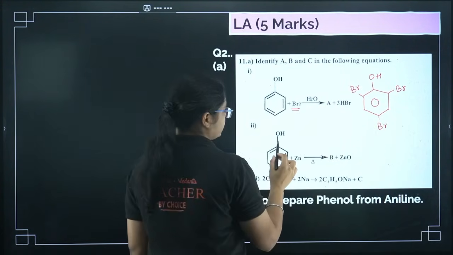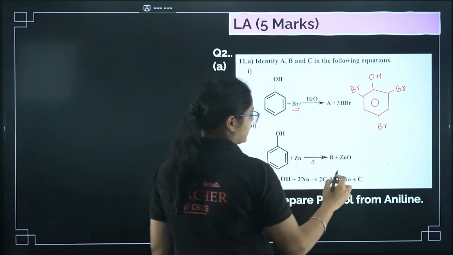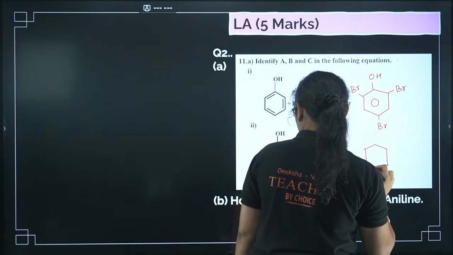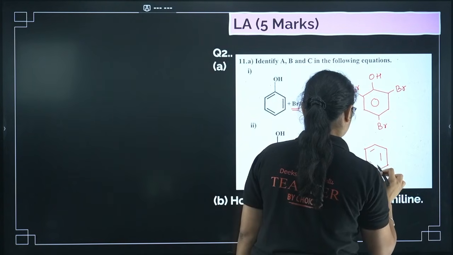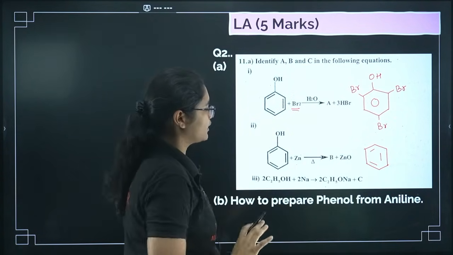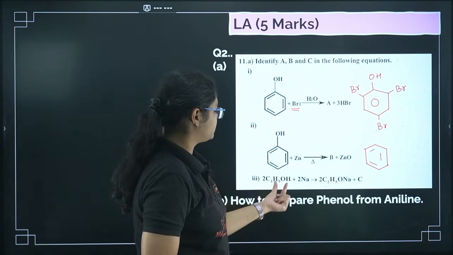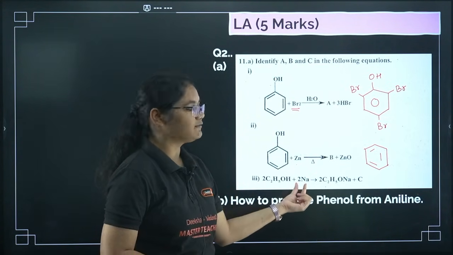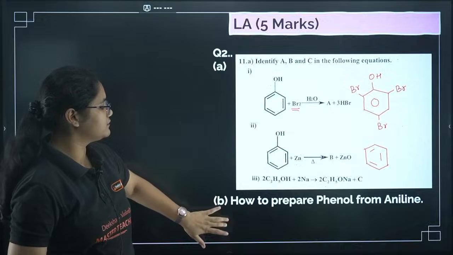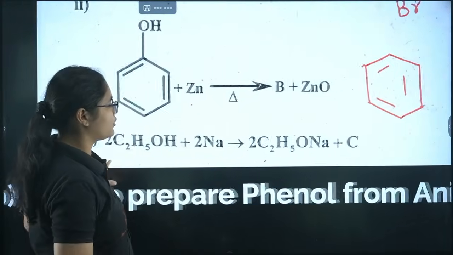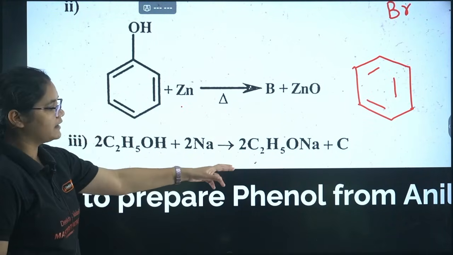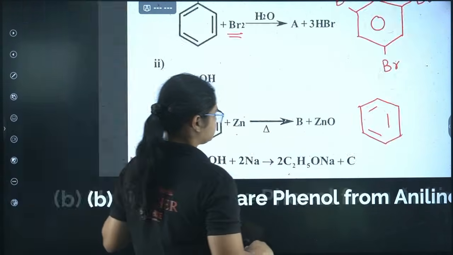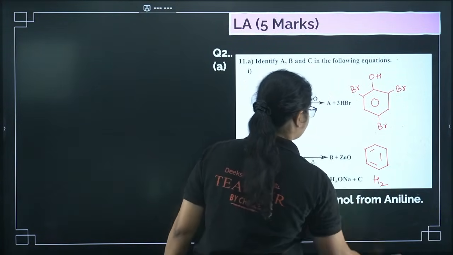Next, phenol with zinc dust will give you benzene. Your B is benzene. Next is C2H5OH plus Na. Here, alcohol is reacting with the metal. When alcohol reacts with metal, you will have the alkoxide ion and hydrogen gas is released. So C will be hydrogen gas.